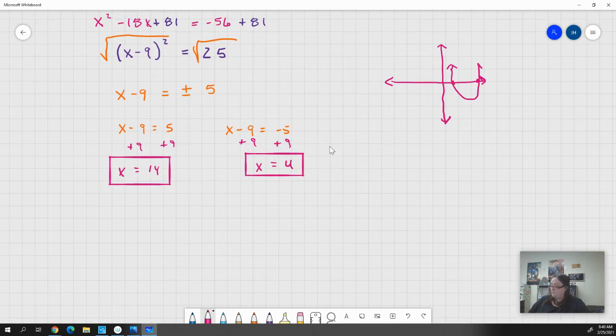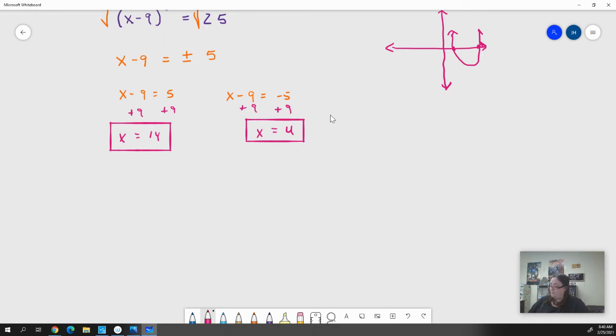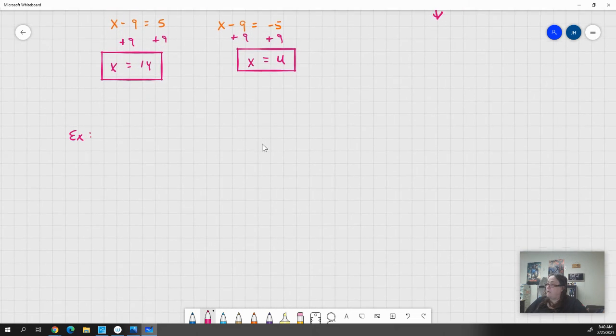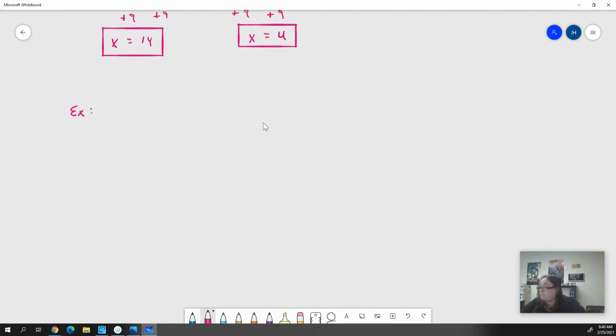Let's look at another example, one where we actually have to divide out our a term. If I have 2x squared minus 16x equals negative 30, I don't have to move a term over now, because there's not one on this side.